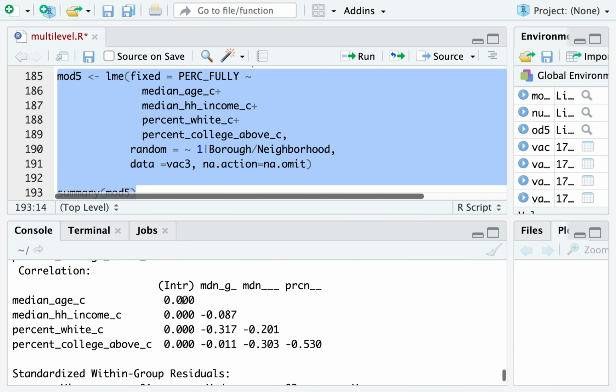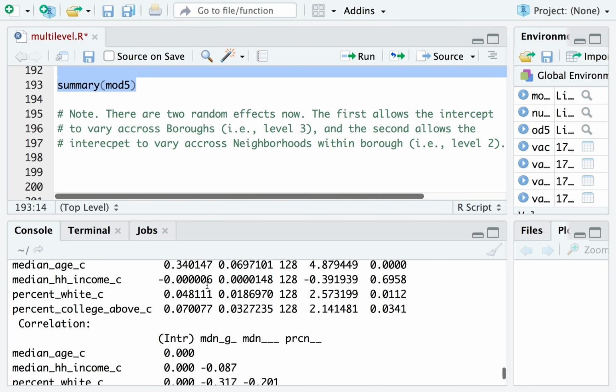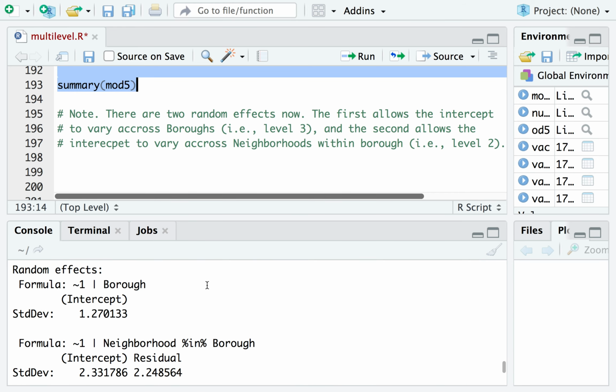Okay, so all that's changed is what's allowed to randomly vary. There are a couple of random effects now, and I specifically say the first allows the intercept to vary across boroughs, level 3, and the second allows the intercept to vary across neighborhoods, which is level 2.